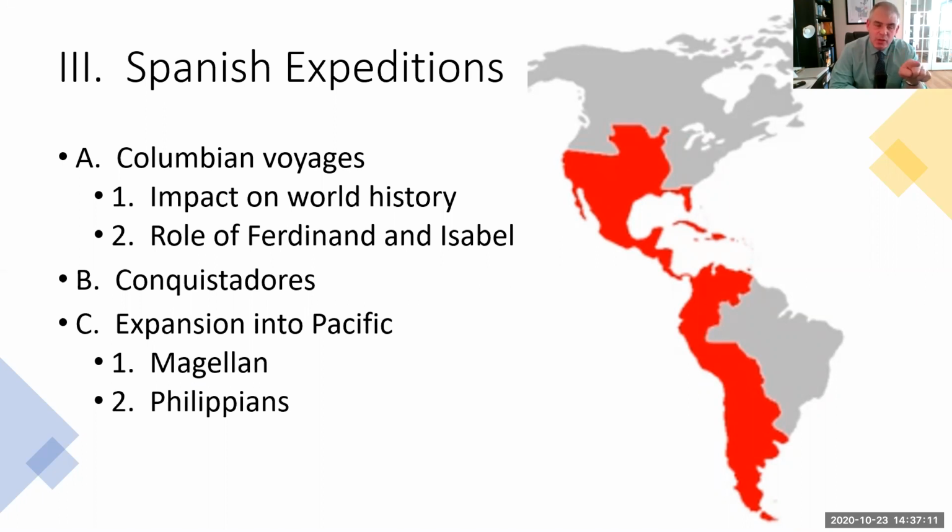We also have another one that goes around Africa to the Indian Ocean. And then we have a third one between the west coast of North America and Asia, which we would call the Trans-Pacific trade. So now these new trade networks are developing, and that's going to certainly change how the globe interacts. And it's also going to shift power over to the Europeans. But that's for another lecture.